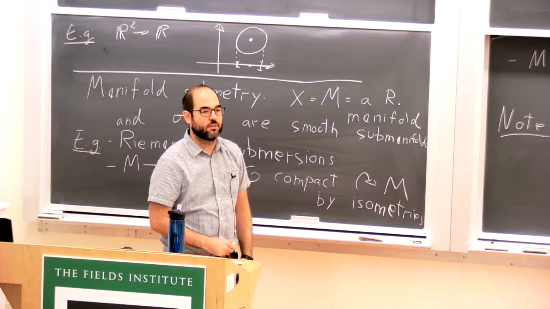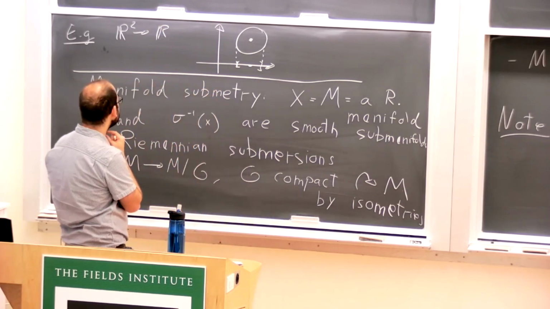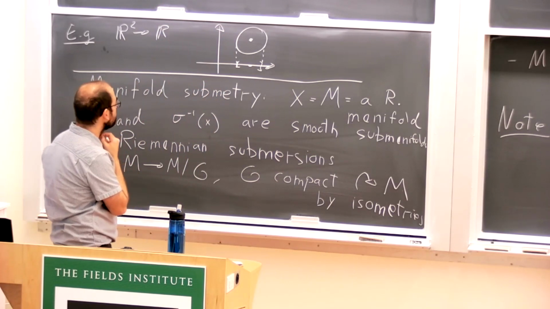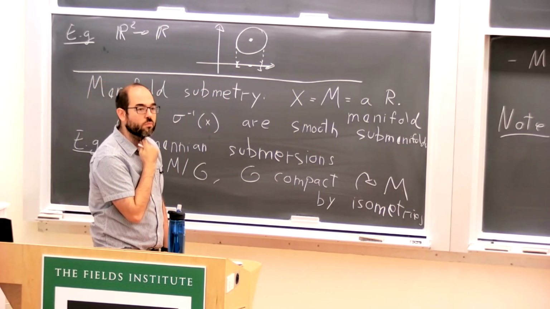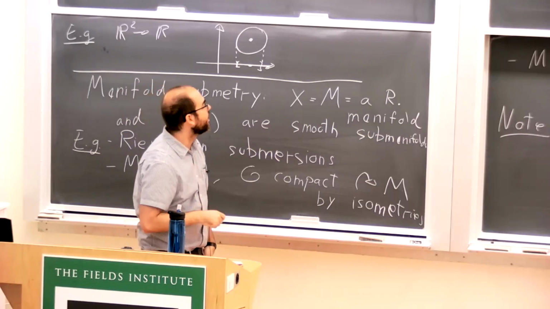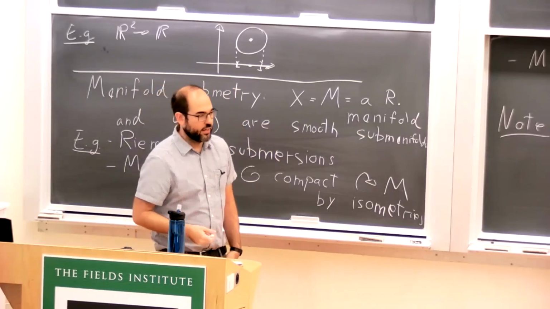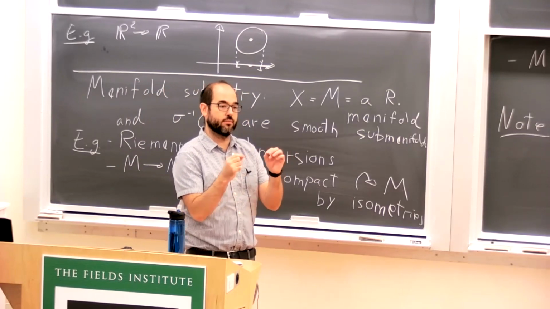Any simple looking example of a metric submetry where the starting space is a manifold, but which is not a manifold submetry? Because this equidistant condition seems like a bit of regularity. Yeah, sure. You can take, for example, a convex subset in R^n.